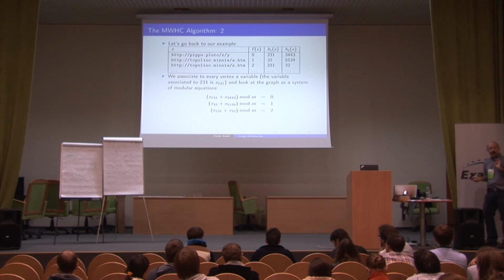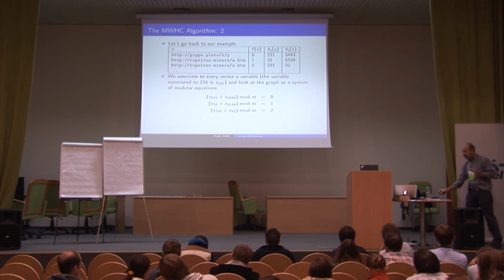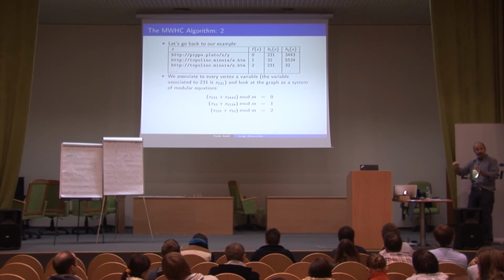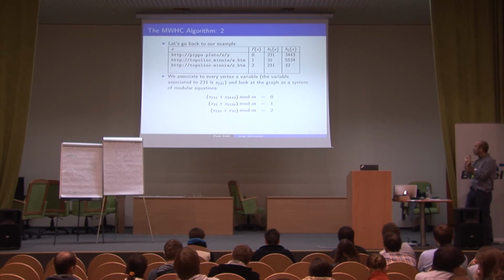Now, if you look at this set of equations, suppose that you can solve it. It means that you can assign to every node of your graph a number in such a way that if you look at an edge and you sum the two numbers corresponding to the two nodes on which the edge is incident, modulo m, you get exactly what you want. So you get exactly the number that the string should correspond to.